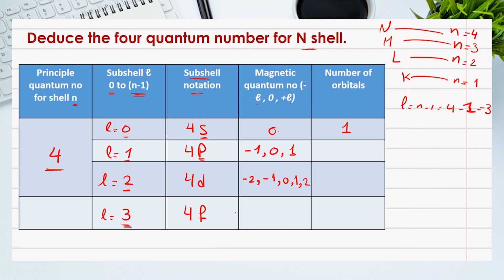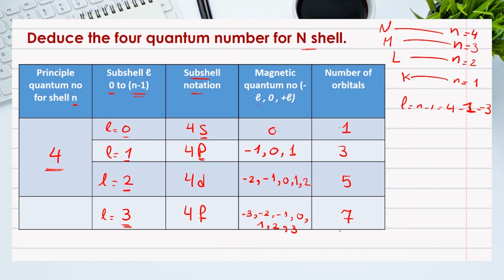For l equal to 3, I have the values -3, -2, -1, 0, 1, 2, and 3. If I count the number of orbitals, here I have 1 orbital, here 3 orbitals, here 5 orbitals, and here I have 1, 2, 3, 4, 5, 6, 7. So I have 7 orbitals.